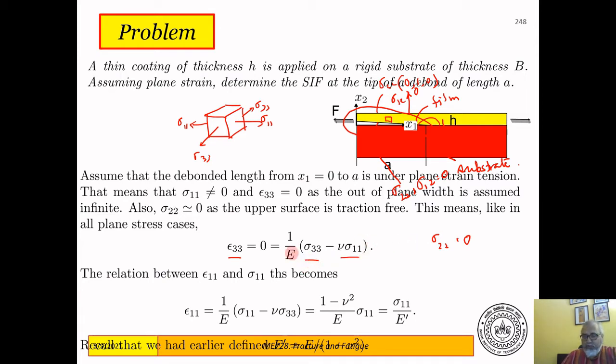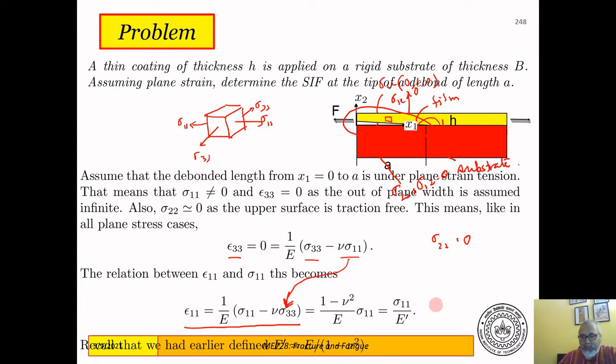Sigma 2 2 is 0, remember, and epsilon 3 3 is 0 because of the plane strain condition, which means now I can find sigma 3 3 in terms of sigma 1 1, and then I can write the relationship between sigma 1 1 and epsilon 1 1 using this constitutive equation for epsilon 1 1. In place of sigma 3 3, I replace the value of sigma 3 3 in terms of sigma 1 1 from here to here, and this is what I will get.